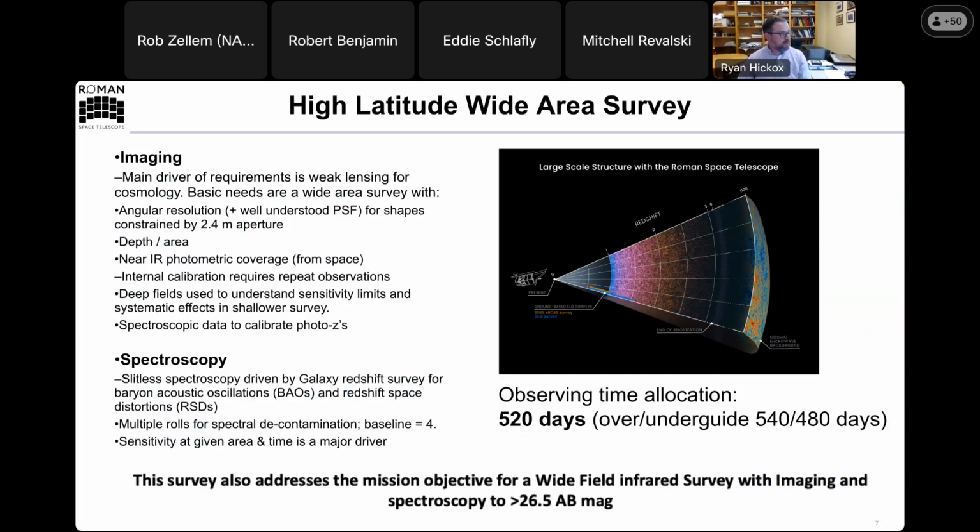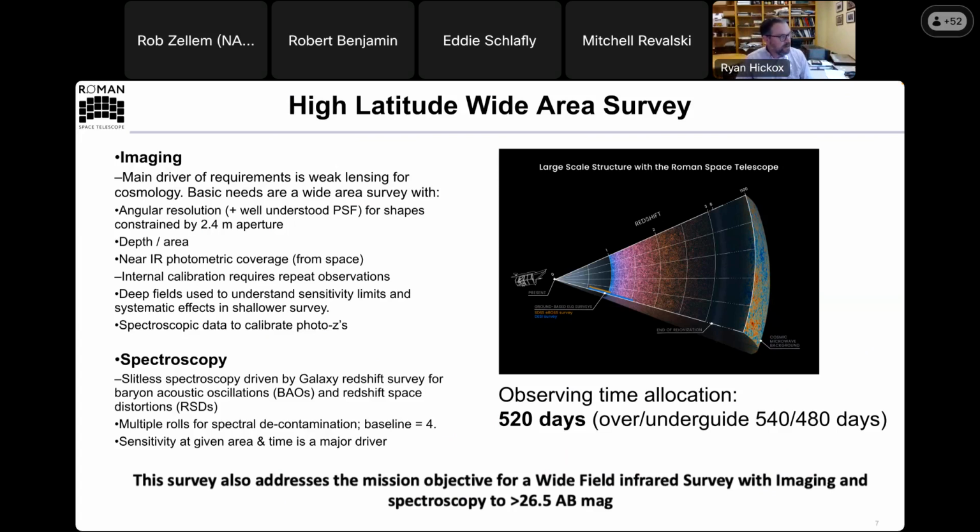And to do that, you need high angular resolution and a good PSF, depth and area, photometric coverage in the near infrared, and also some deeper fields. So this is over a wide area to get a large number of galaxy shapes, but also deep fields to understand sensitivity limits and systematics, and also some spectroscopic data, either from space or the ground, in order to calibrate photo-zs. So you can already see that Roman is very well designed to meet these requirements.